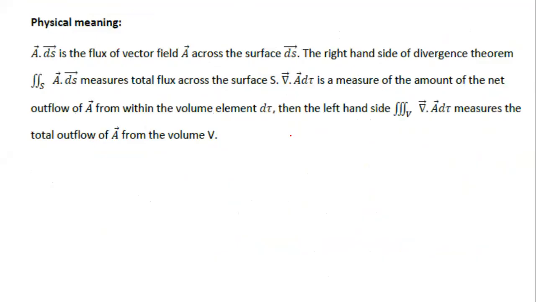So what it means here is that this is the net outflow or inflow of the vector field from the volume element.